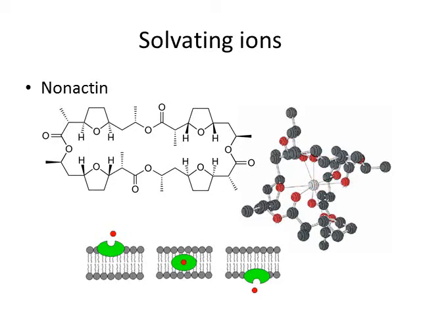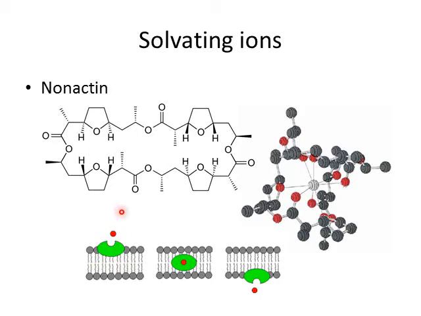And in the body, nonactin exists biologically, and it will carry ions across a nonpolar medium. For instance, if this is the exterior of the cell, aqueous, and here's the interior of the cell, aqueous, but the cellular membrane has this nonpolar component.